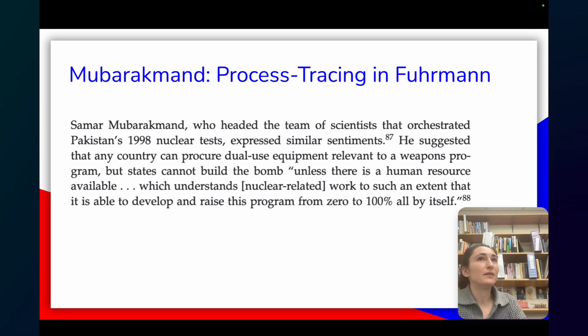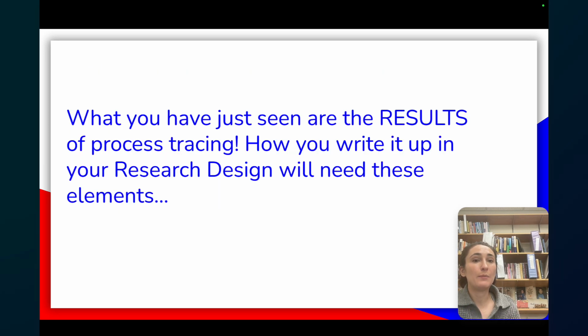Probably not. But this process tracing illustrates that for both India and Pakistan, these narrative statements illustrate that yes, the people involved, including people like prime ministers and directors of relevant committees, are saying like, yes, you have to have the human expertise through civilian nuclear cooperation agreements in order to ultimately develop nuclear weapons.